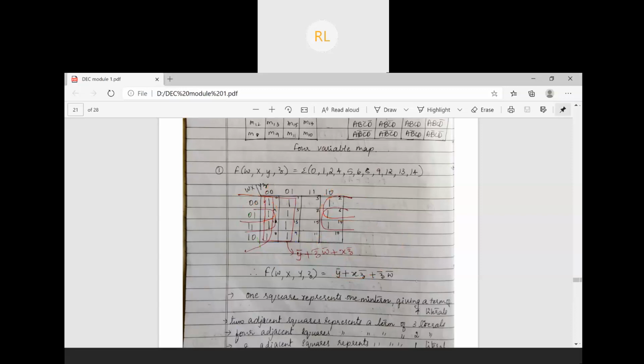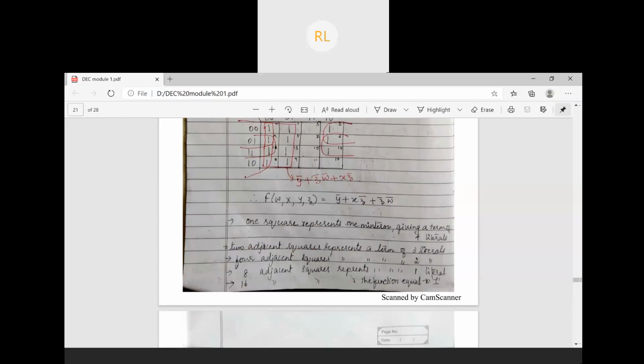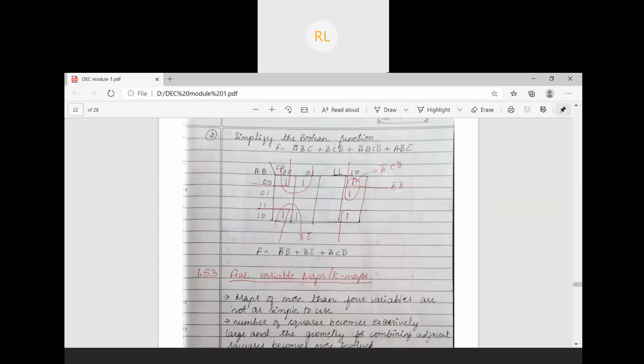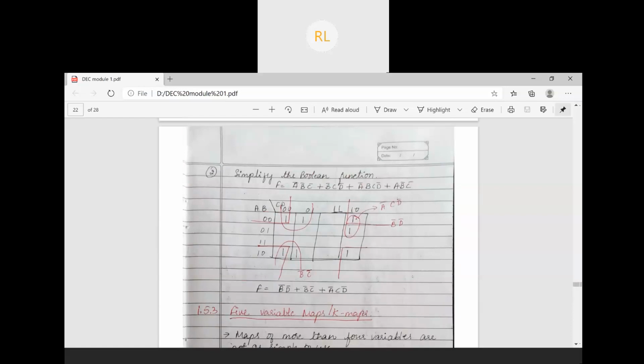So we will move on now to the next problem, and we will see how it is done. I have an equation here. Similarly, I will just fill them up. Students, keep in mind, I have tried to take problems in such a way that you will get all the combinations.